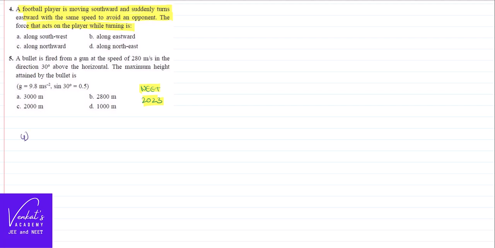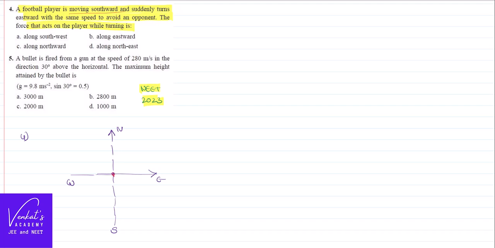A football player is moving in a specific direction. If you take a paper to show the directions, on the top you show north, this is south, this is east, this is west. This is how we show the directions. Now he is saying a football player is moving southward.